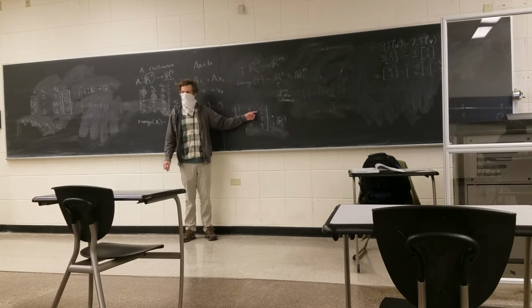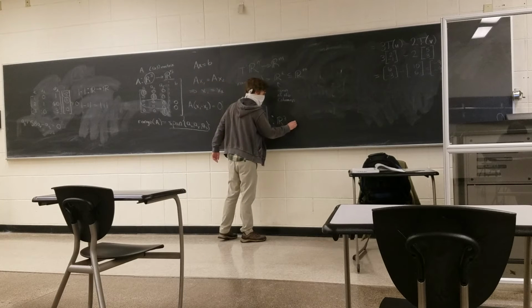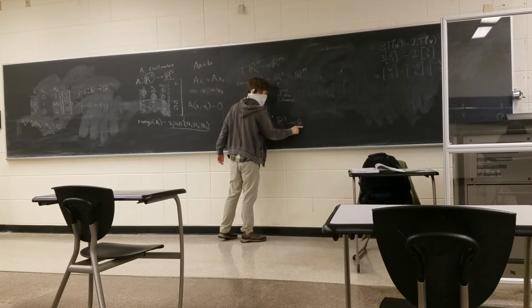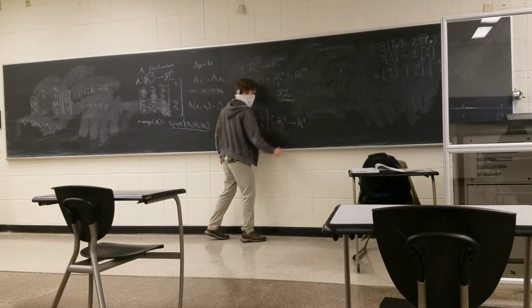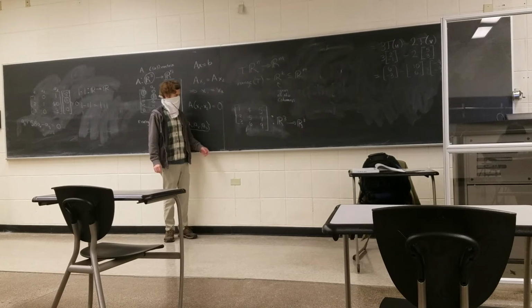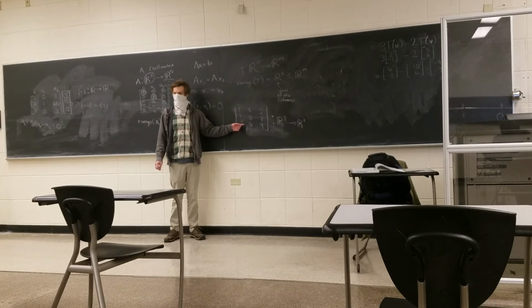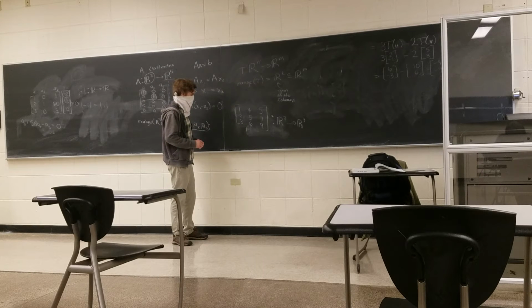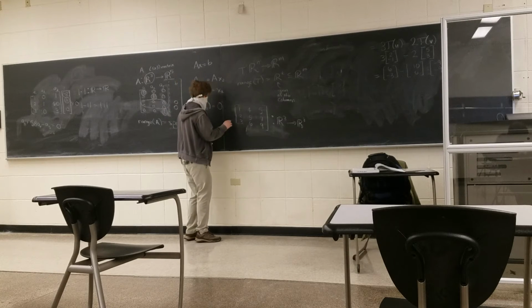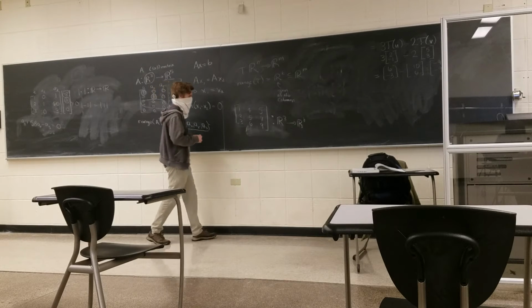So the inputs for this will be three-dimensional, and the outputs will be three-dimensional. But this is not onto. Even if I made this, well, we saw the example when I had more rows than columns.